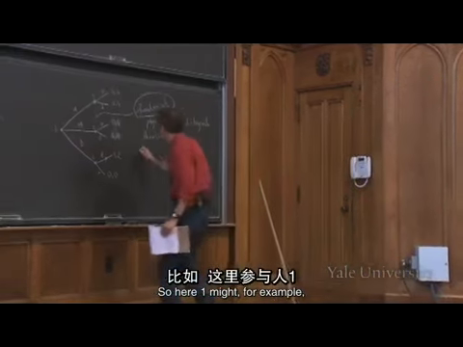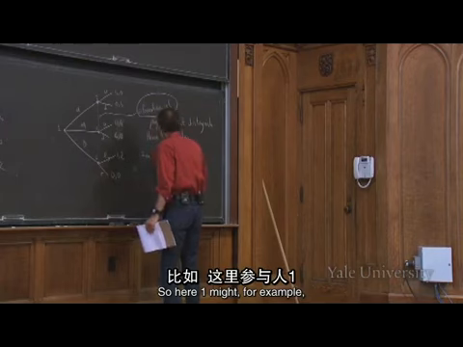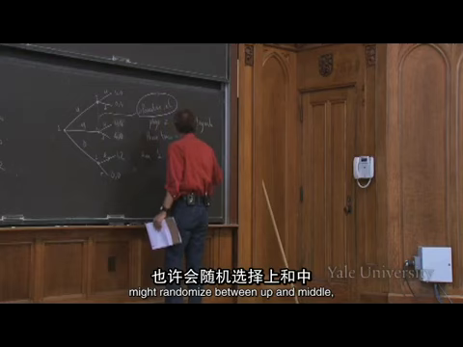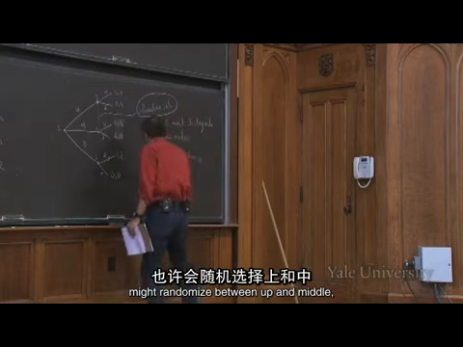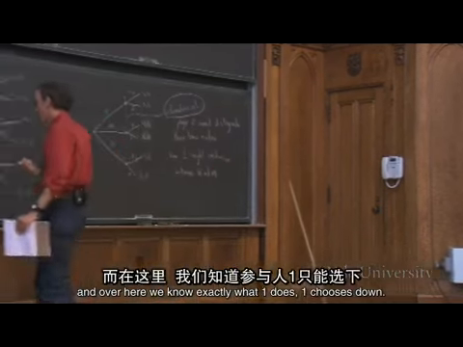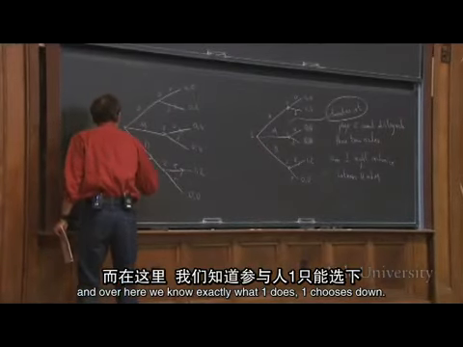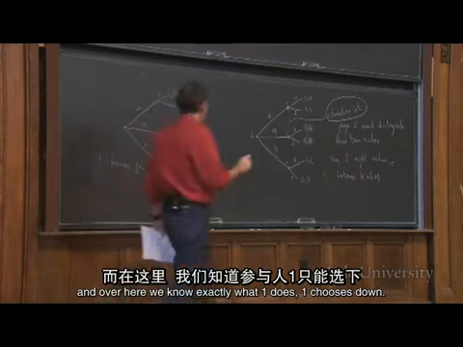Here, 1 might randomize between up and middle. And over here we know exactly what 1 does: 1 chooses down.